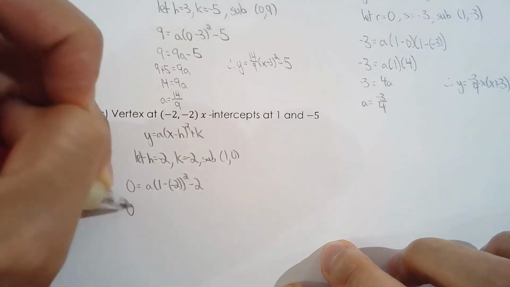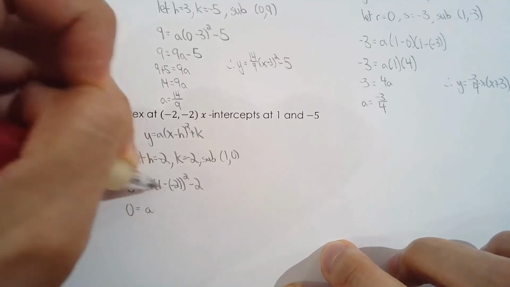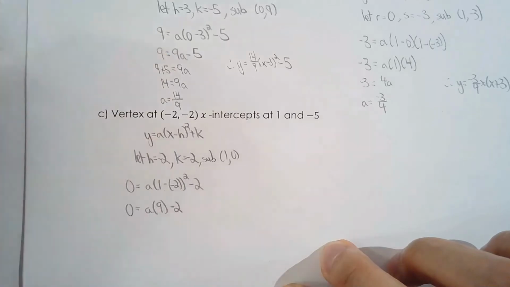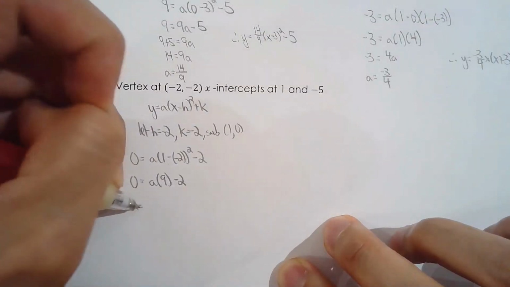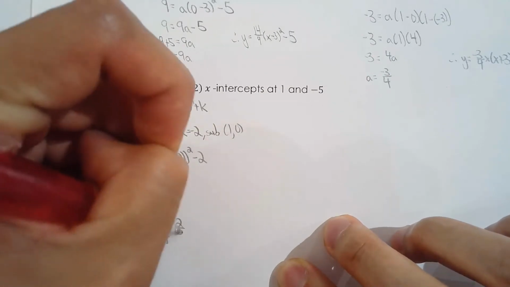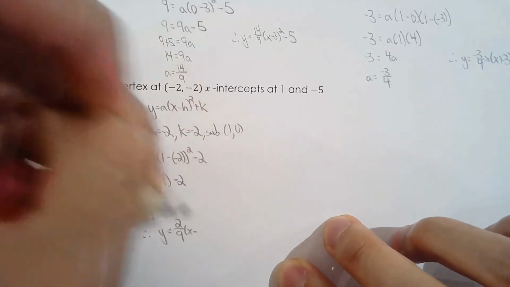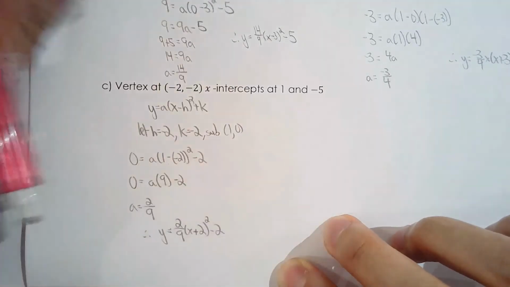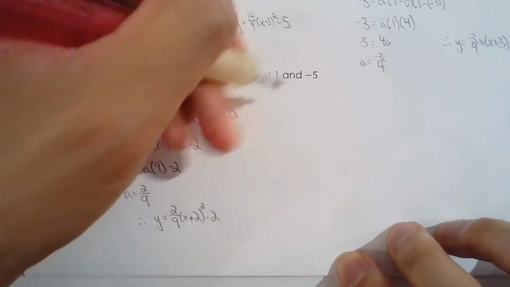So here would be, this is 3, this is, so rearrange, so a is 2/9. So therefore, there, that's the equation in vertex form.